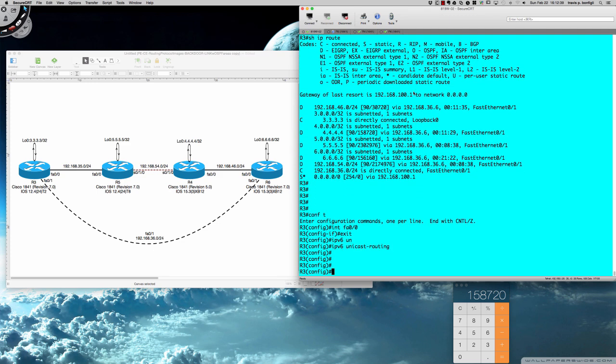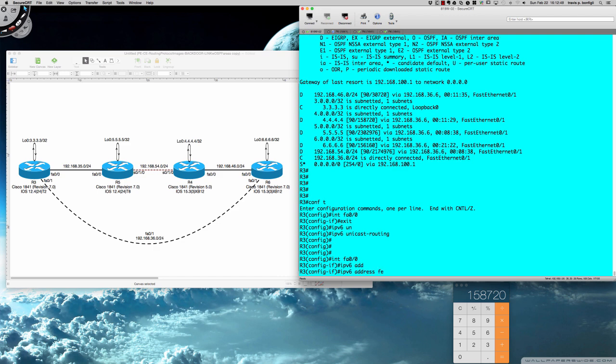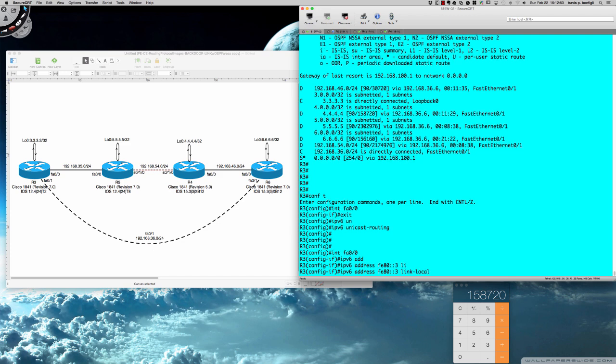We want to enable IPv6 routing. Then I'm going to go into the interfaces, and we're just going to assign some link locals. We're going to say IPv6 address FE80::3, because we're on router 3, link local.